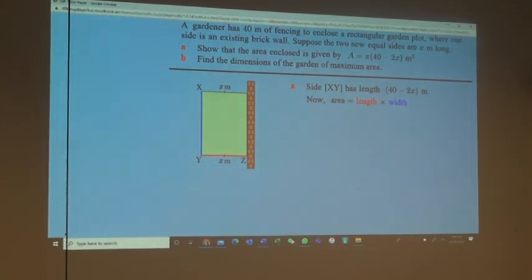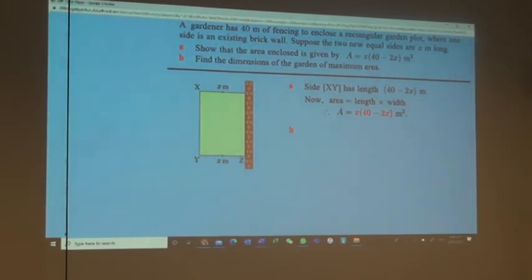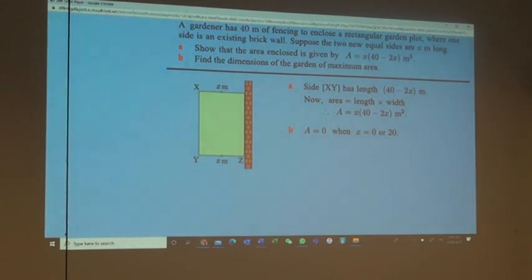We write these lengths in terms of x to obtain the given expression. To find the garden of maximum area, we could expand the brackets and use the vertex. However, it is quicker to notice that when x equals 0 or 20, the area of the garden is 0. These are the x-intercepts for the graph of this quadratic. The vertex lies midway between these values, and therefore has x-coordinate 10.